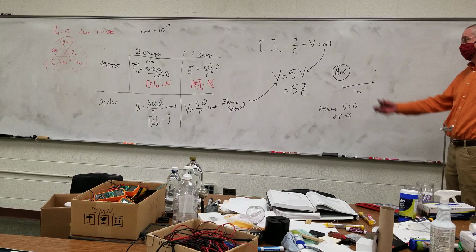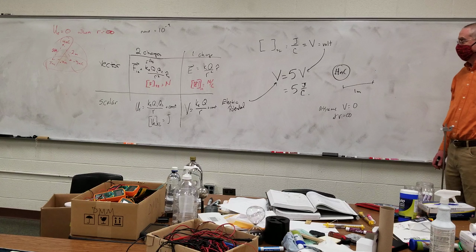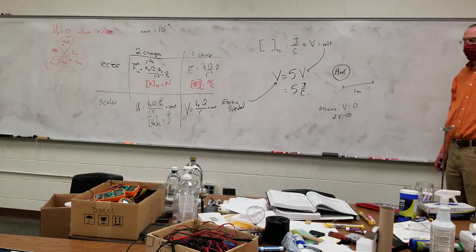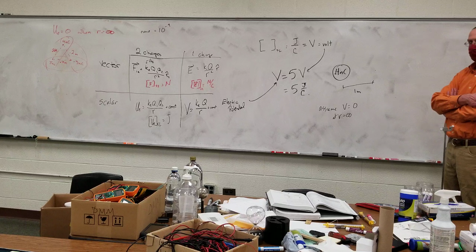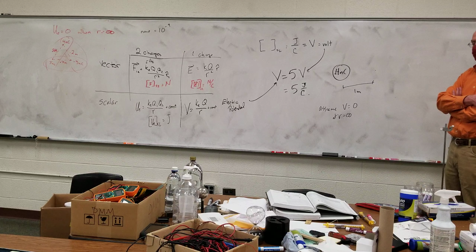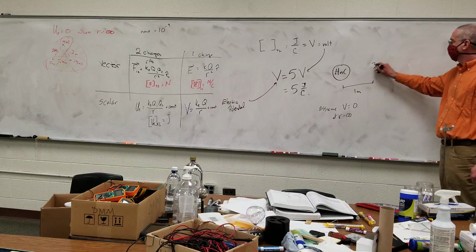So KQ over R. And K being 9 times 10 to the 9th is sufficient. Volts. Yep, 36 volts.